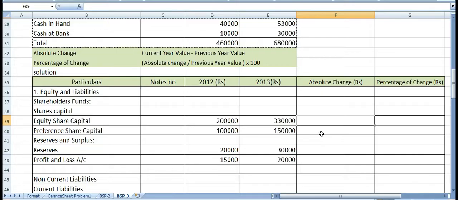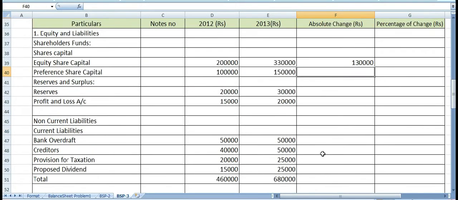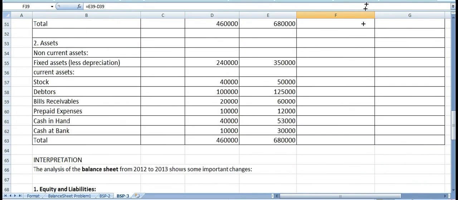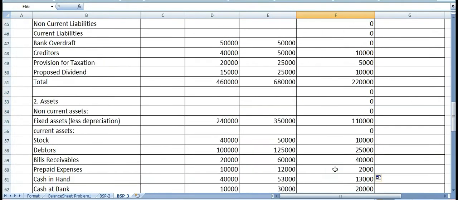The current year value is 3,30,000 minus 2 lakh, the equity share capital value. In this way we have to calculate the absolute changes of all the items. Items without any values or returning zeros should be taken away.